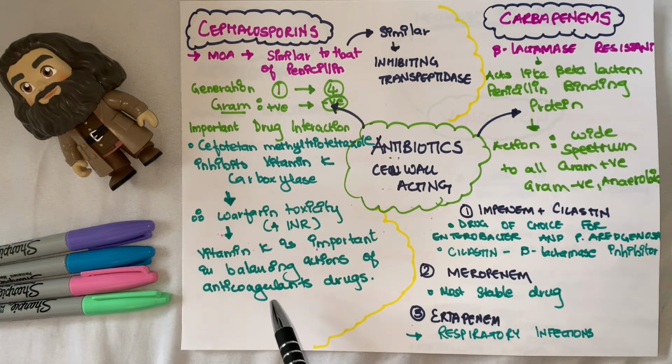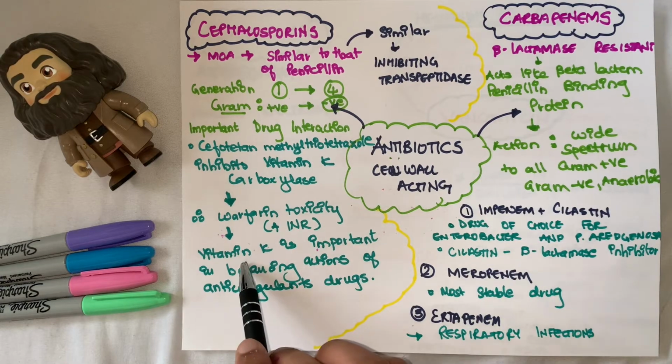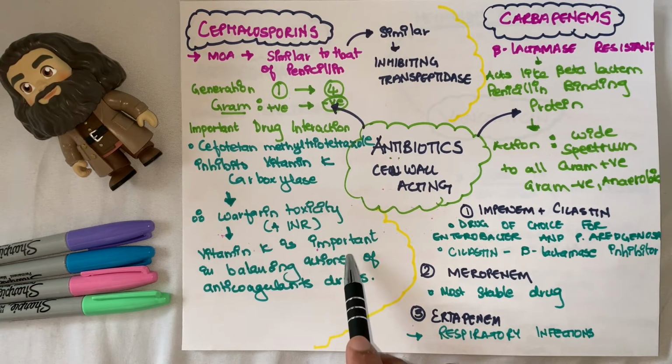See, remember in our studies we used to learn about the extrinsic pathways, intrinsic pathways of coagulation. Well, if you keep making them act further and further, you have what is called anticoagulation actions, which is increase in bleeding tendencies. But vitamin K is important in balancing those actions.